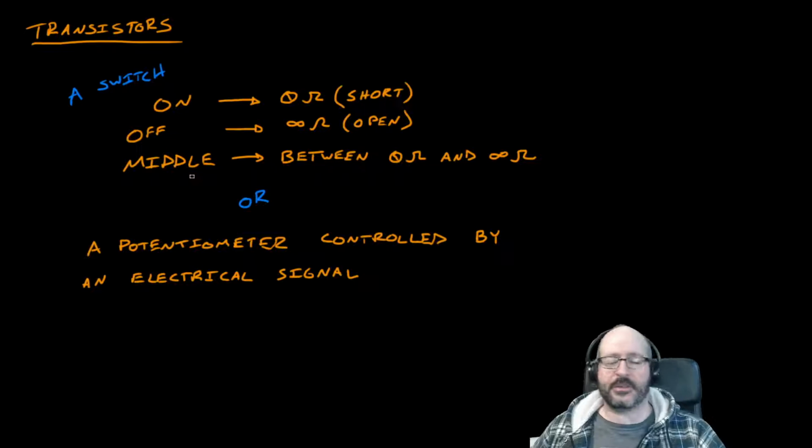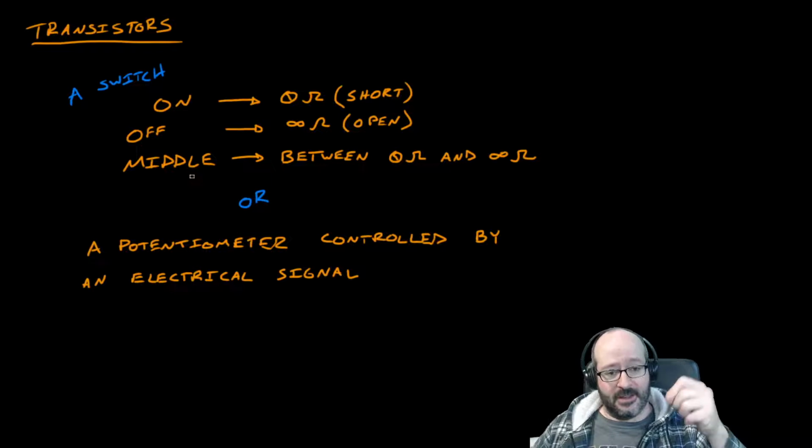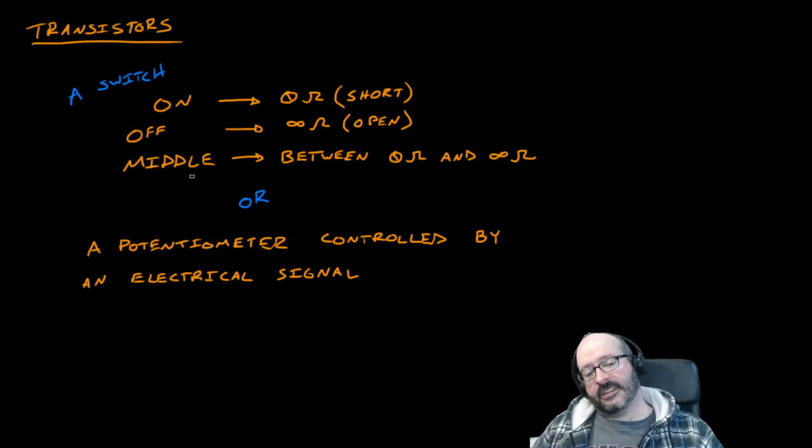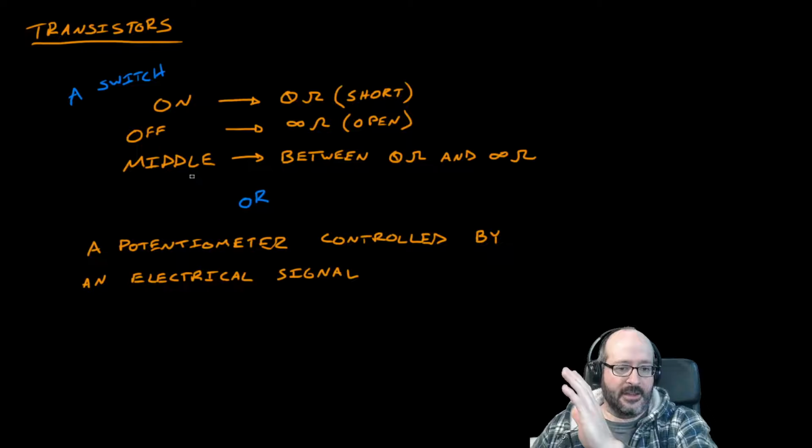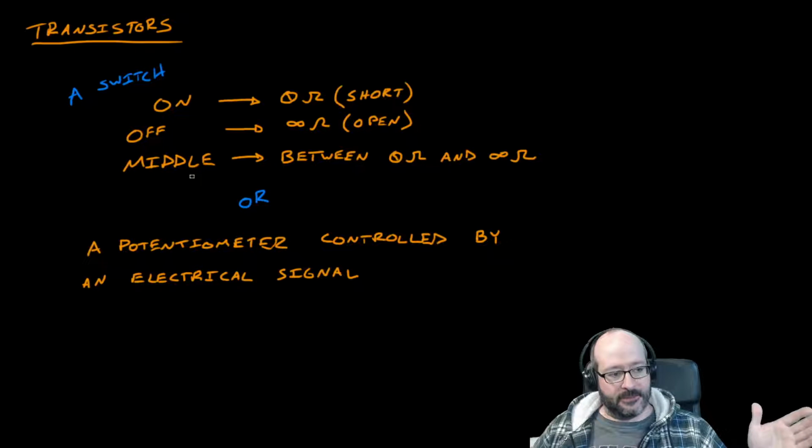Okay, the other description of transistors, it's a little more complicated, but the other description that I've run into is it's really a potentiometer that's controlled by an electrical signal. So I'm hoping you've run into potentiometers in your previous classes. It's really a resistor that you can adjust by turning a knob, and that knob moves the resistance from 0 up to some maximum value. It's not quite infinite, but it's some finite value that's large, and you can move that knob to be stuck on 0, stuck on whatever that big finite value is, or it can be anywhere in between.